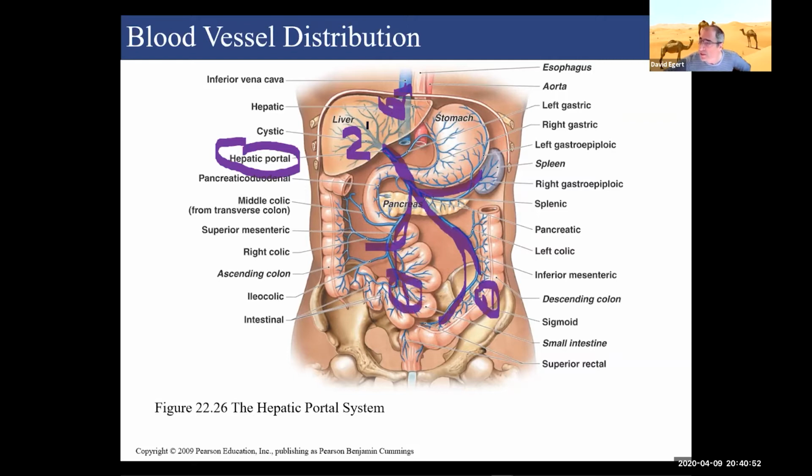The second capillary bed is in the liver, where you're processing stuff. And then you finally send stuff into the vena cava, back to the heart, into general circulation. So make sure you keep track of the hepatic portal system and what it is, and how it's stuck in between the arterial and the venous circulation.